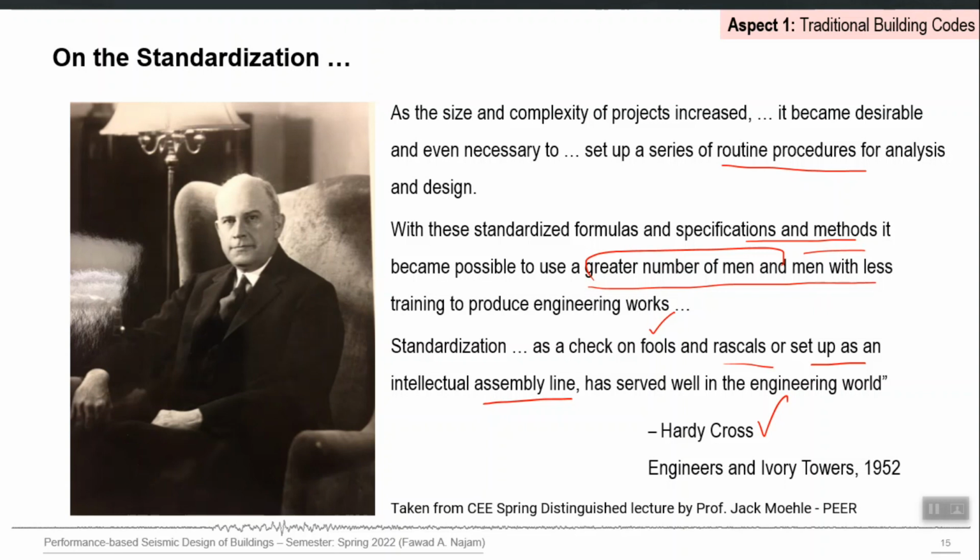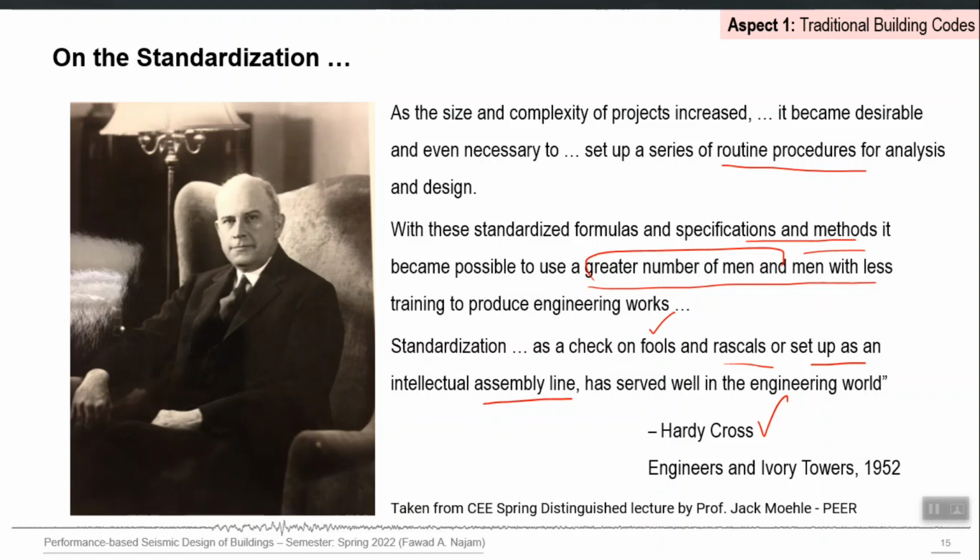So, currently you can see around yourself, all engineers can say is that they followed a particular building code without actually knowing what is the intention behind all those provisions. So, we have actually raised a generation of engineers which lie in that category.